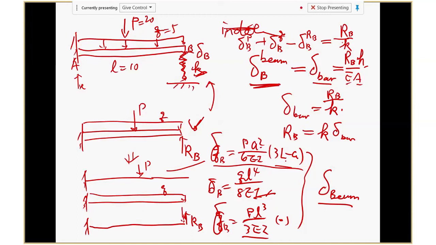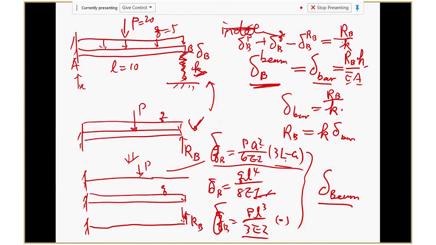All right? So in this equation, how many unknowns? What's unknown? RB. Anything else? That's it. There's only one unknown. So that's a compatibility equation. There's only one unknown. You can solve it.